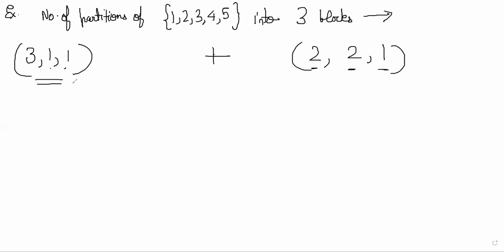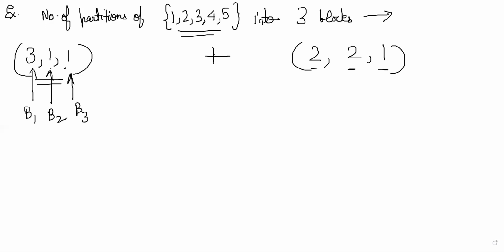So how do you count this number? So this is grouping 5 things into 3 things. Let's make up this subset B1. How to make B1 basically? B1 is supposed to have 3 elements, B2 is supposed to have 1 element, and B3 is supposed to have 1 element.